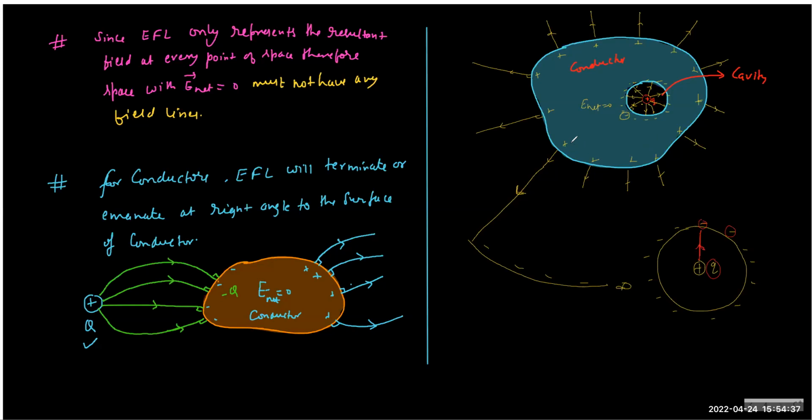But the outer charge can be influenced because that is not bound directly. See, I have pulled all the electrons near my cavity, so the outer surface will have a deficiency. That deficiency I can fulfill. So now the outer surface will have some lack of charge, which we represent by plus charge, so that I can come and fulfill.